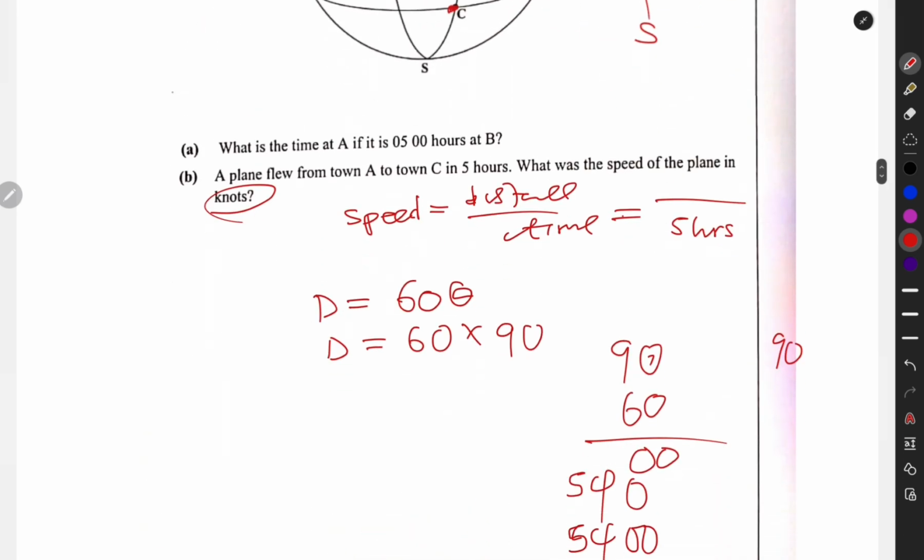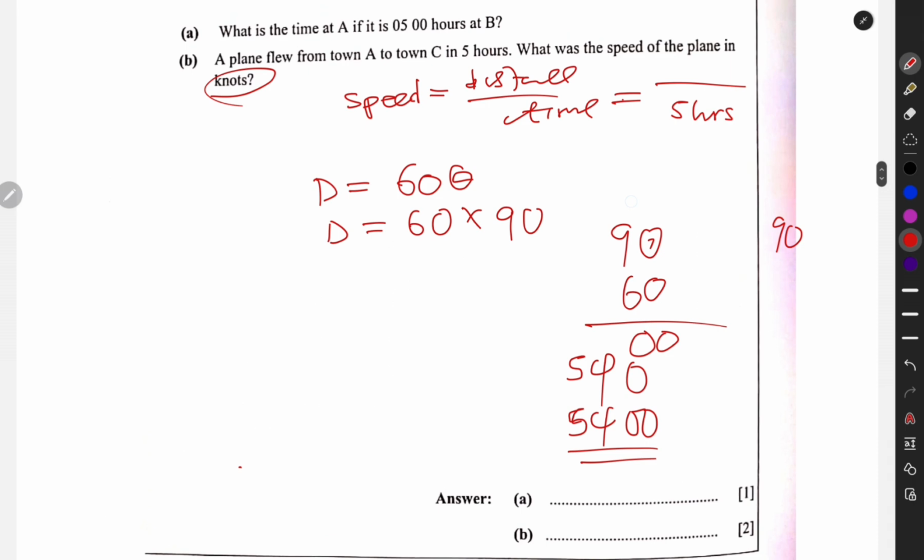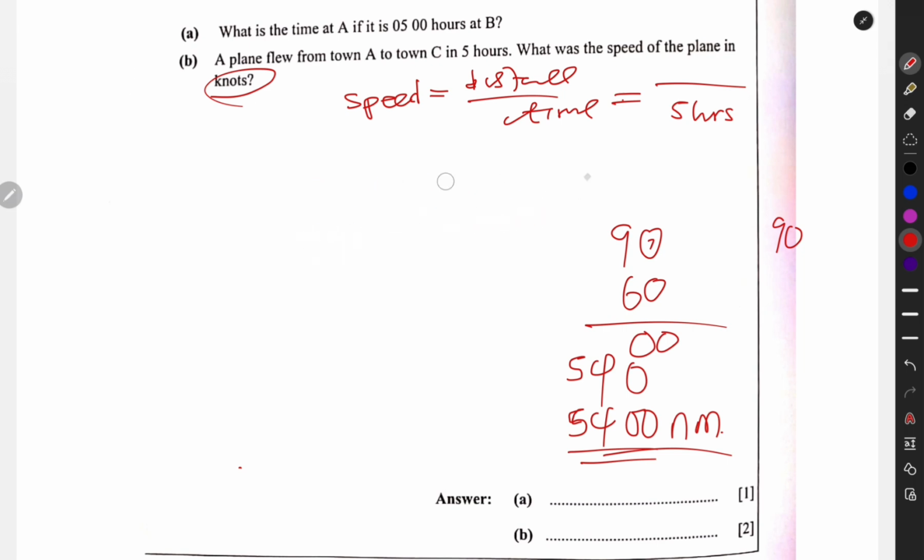What did we find in the previous one? I guess we found something closer to 5,400. I think there was just a difference of 1, because this one we have rounded off. So which means the distance in nautical miles we have is 5,400. Then we can go on and put in 5,400, then we can start reducing and it should give you 1080 knots, which is just the same as the one that we found.